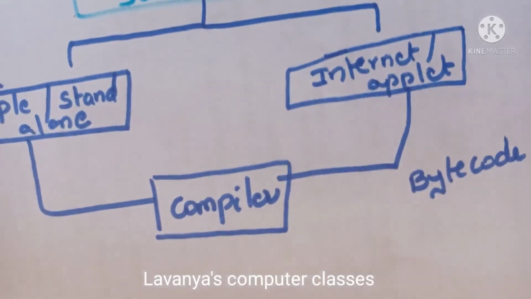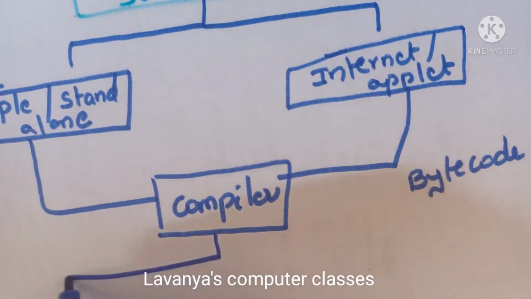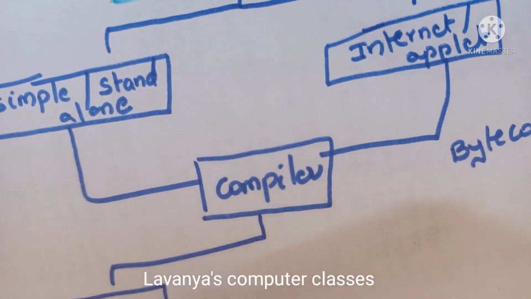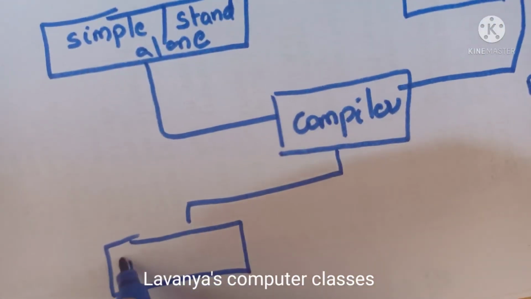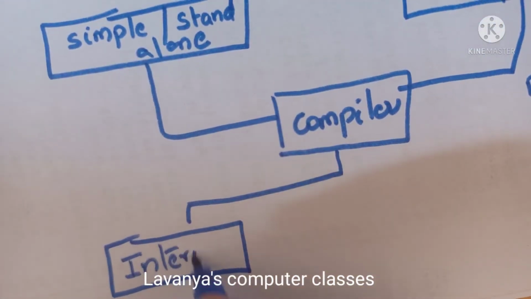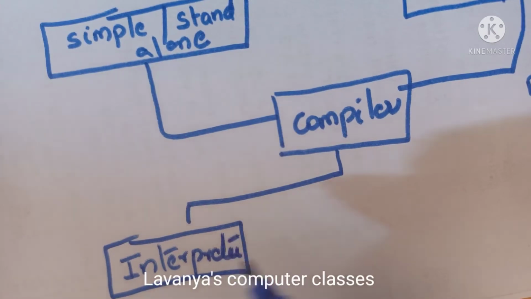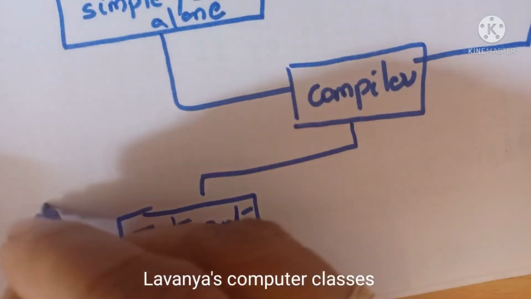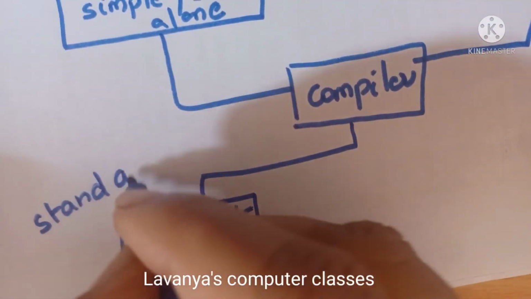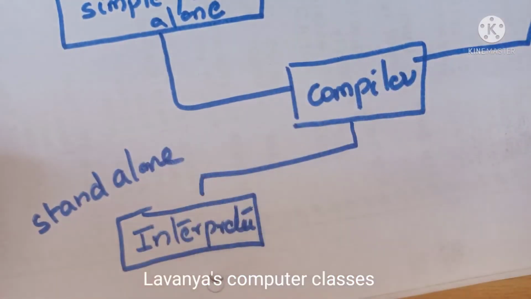After that, depending on this, if it is a standalone program, we need an interpreter to run the program. If it is a standalone simple application program, we need an interpreter.